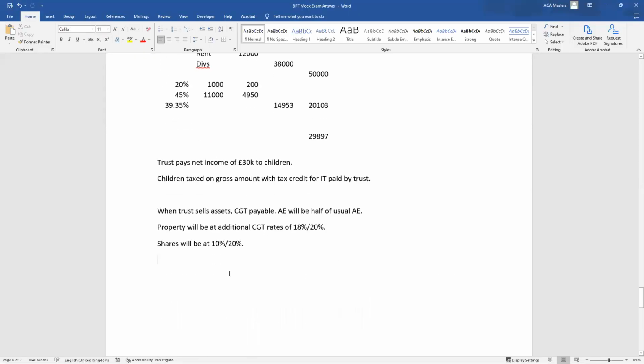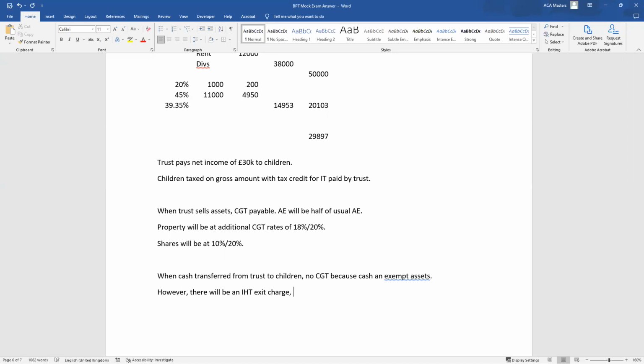So when the trust sells the asset, CGT payable, and then when cash is transferred from the trust to children, no CGT because cash is an exempt asset. However, there will be an IHT exit charge.